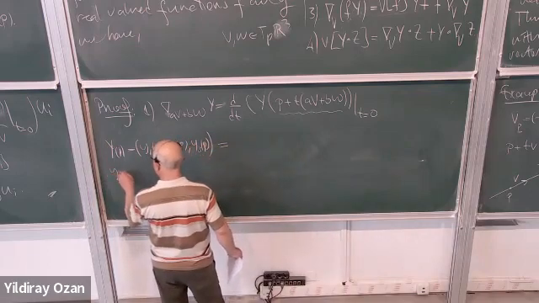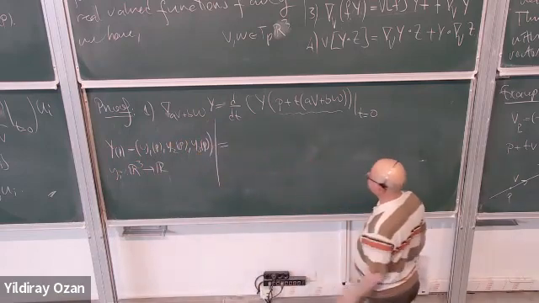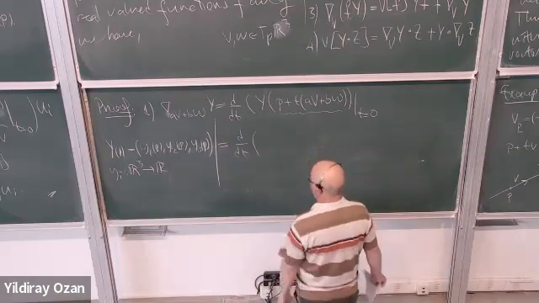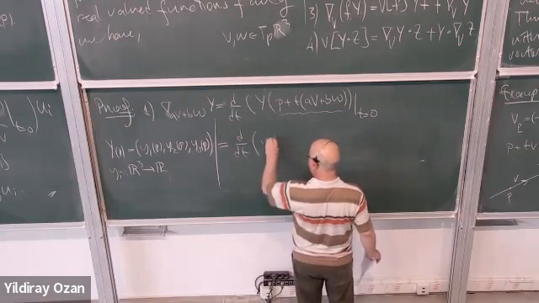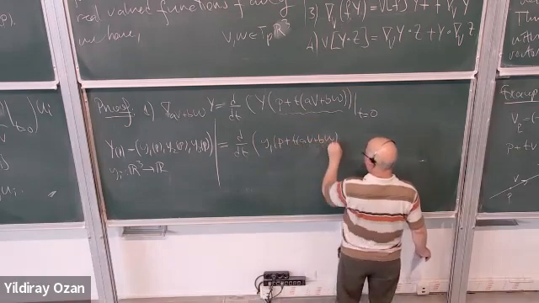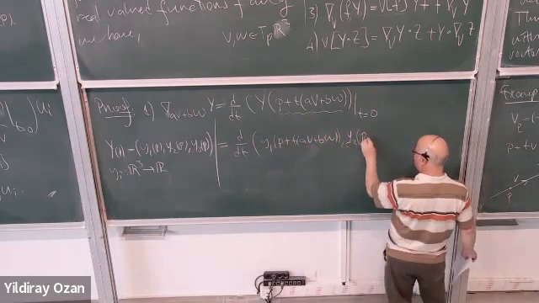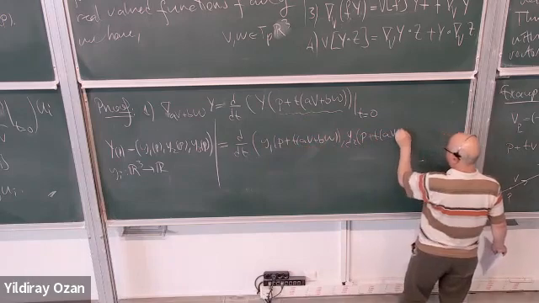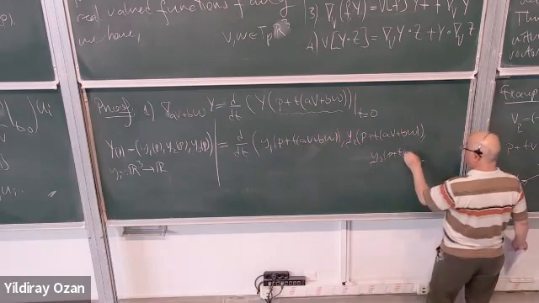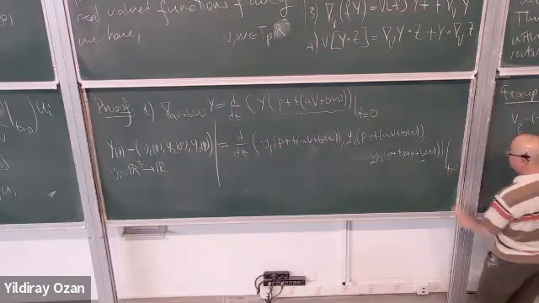Here, each yi is a function from R3 to R. So I take the derivative of this expression: y1 of p plus t times AV plus BW, y2 of p plus t times AV plus BW, and y3 of p plus t times AV plus BW, and I take it at t equals 0.